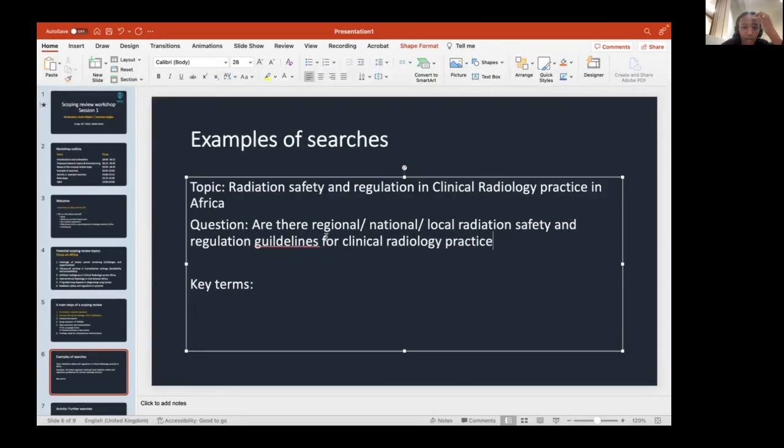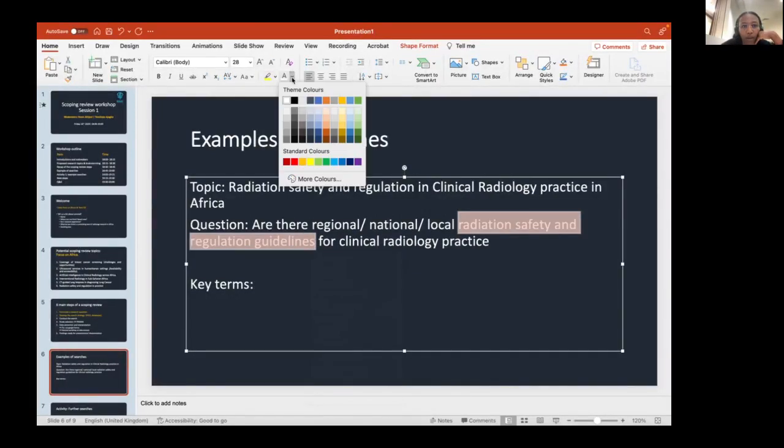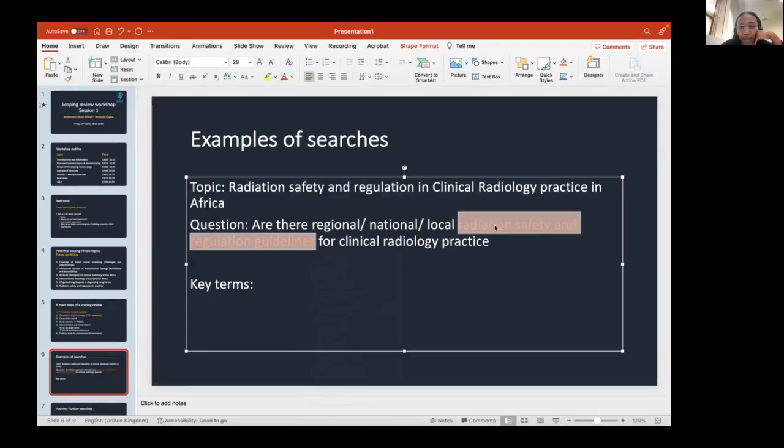And basically here you are specifying what it is that you want to look for. So we're looking at any document that includes something about radiation safety and regulation.